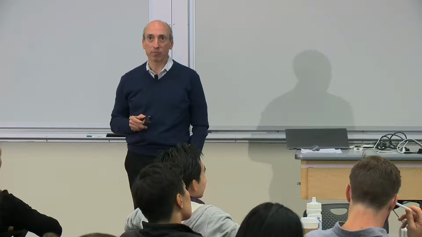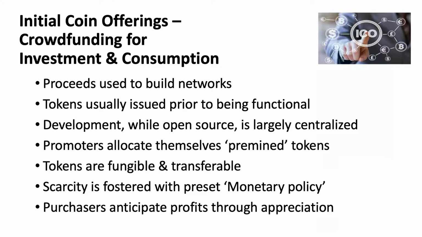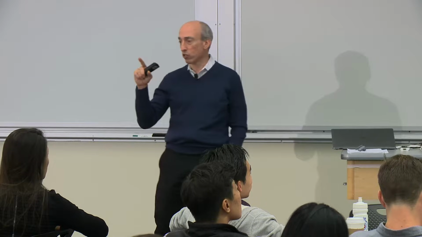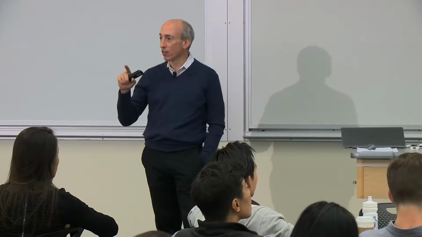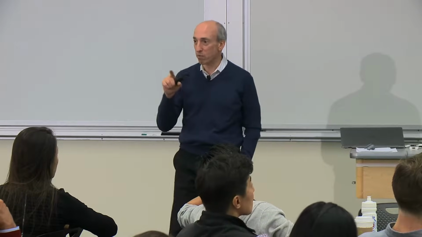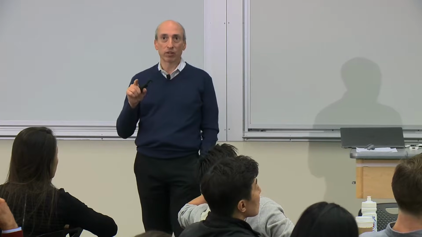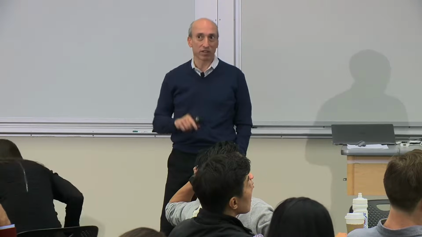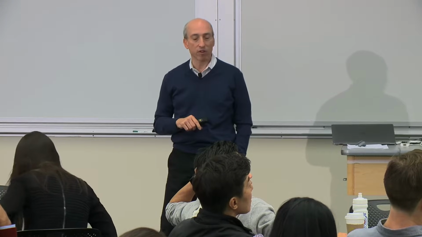Let me try to wrap up so that I can hand it off to Larry. There's been $28 billion raised per one website, Elementus. Others that track it think it's only between 20 and 25 billion. There are no official arithmetic and no official records, but the $28 billion raised in initial coin offerings, this is a kind of neat video that I just took the last slide of from Elementus.